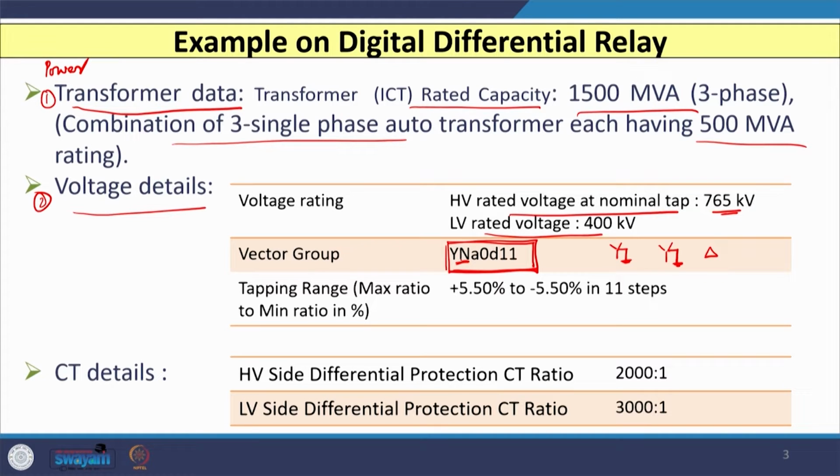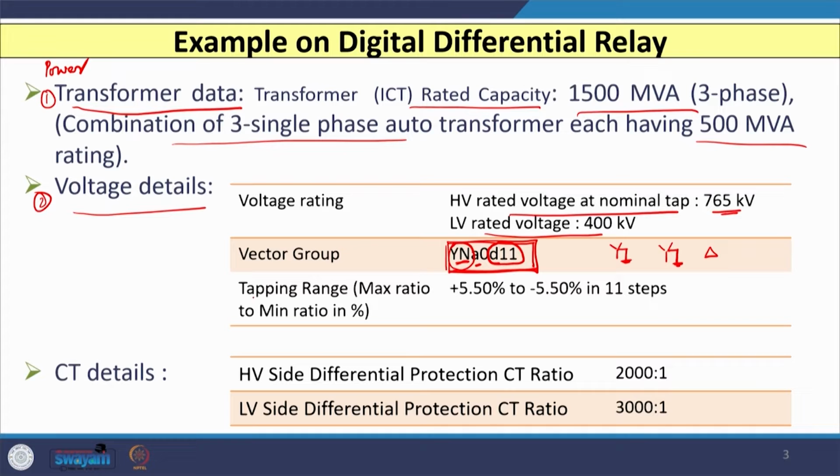Here I have given in the vector group either HV or LV winding, because both are the same in case of auto transformer, and then A stands for auto transformer, and then you have D11 that is related to the delta or the tertiary winding. However, we are not interested in the third winding, that is the delta winding.